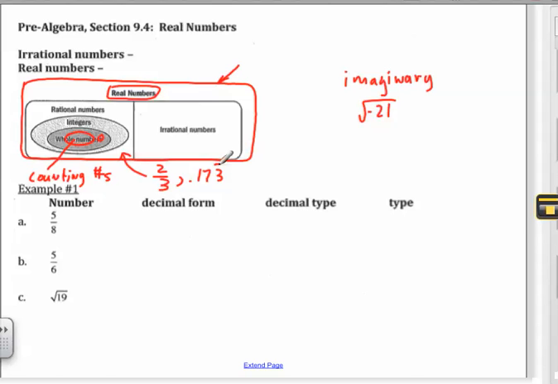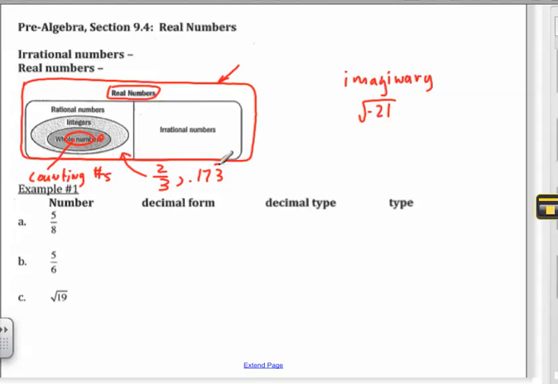Because 1/3 repeats, but we can write it as a fraction. Any decimal that ends in a 0 or repeats can be written as a fraction. And that's a rational number. Rational, ratio, right? Ratios are fractions. So any number that can be written as a fraction is a rational number.